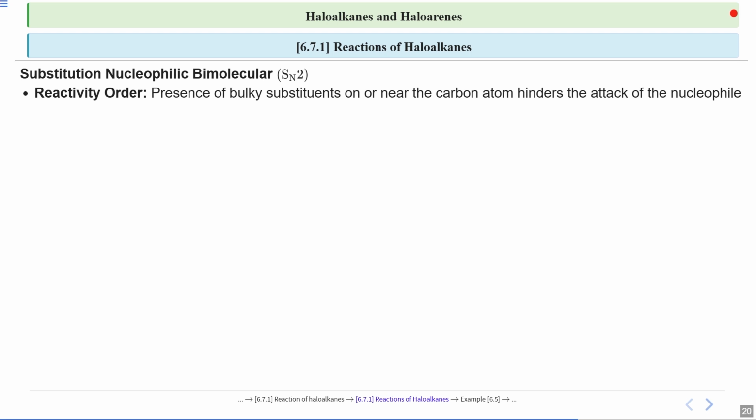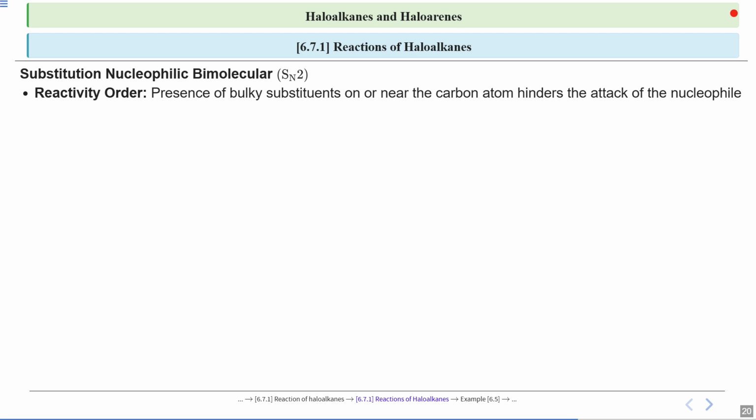In other words, if there is any bulky substituent present on the carbon atom, or near the carbon atom, that group will hinder the attack of the nucleophile. Because in a single step, the nucleophile is going to attack the carbon from the opposite side of the carbon-halogen bond, right?